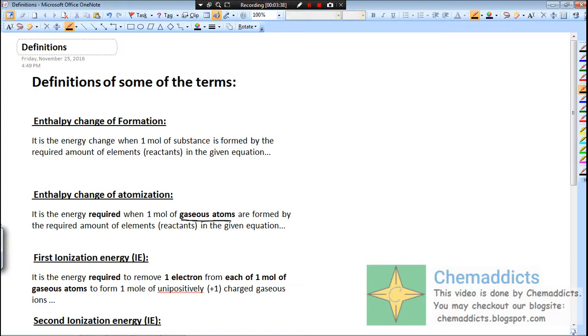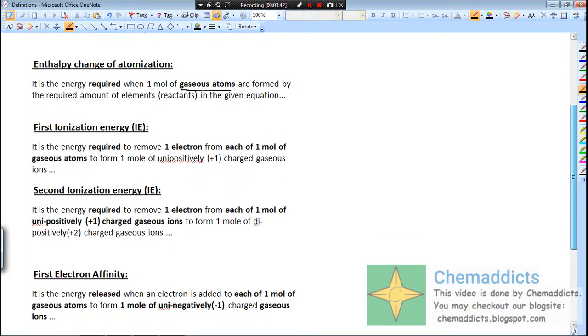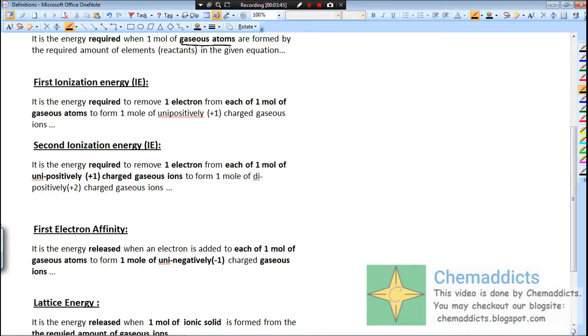Now let us look at the second ionization energy. It is the energy required to remove one electron from each of one mole of unipositively charged gaseous ions to form one mole of dipositively charged gaseous ions.